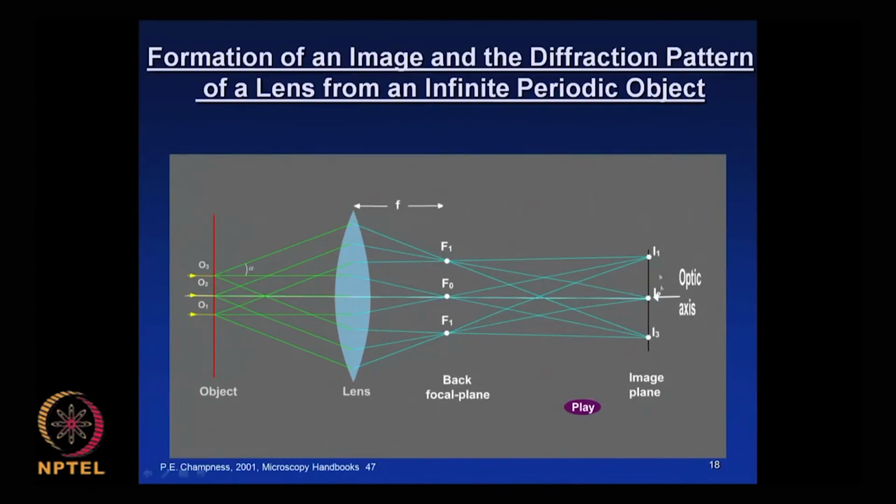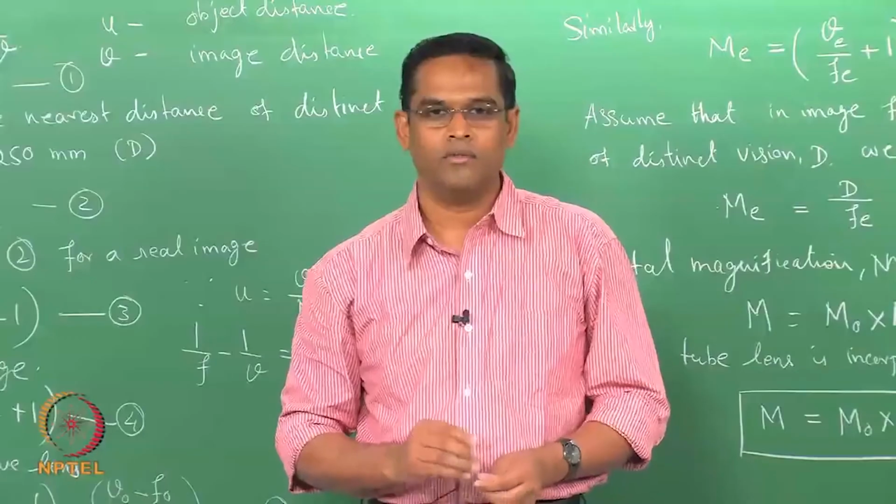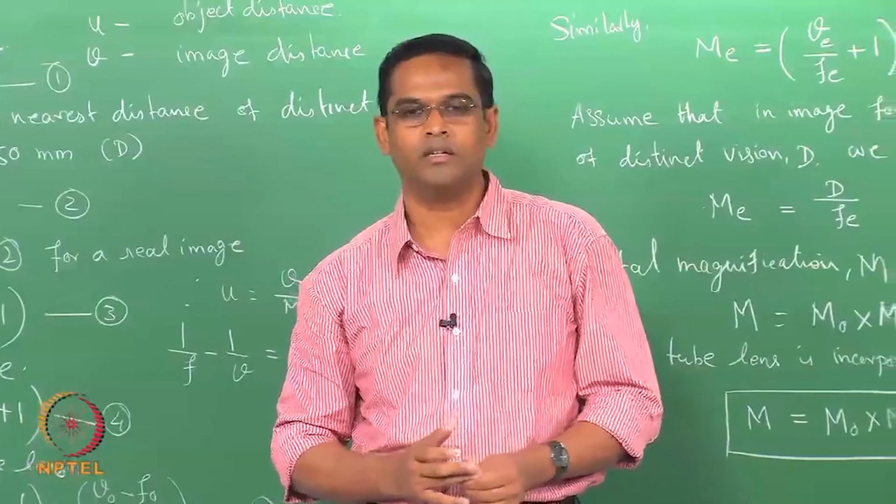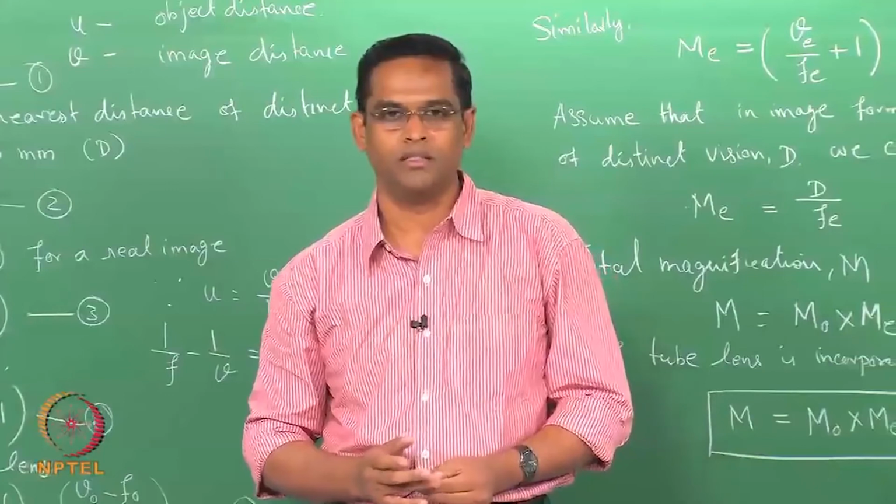Any one of these spots in the image plane contains at least two diffracted spots before it forms an image. So, that clearly shows that the image formation involves diffraction first and then the recombination of the diffracted beams in the image plane.